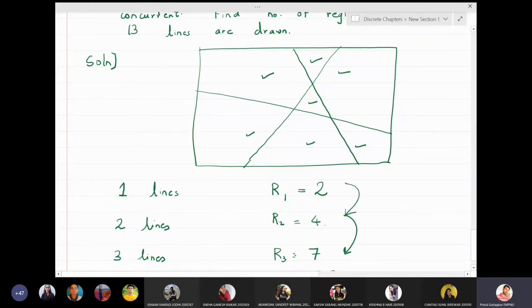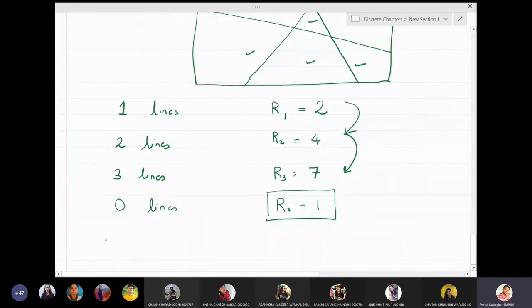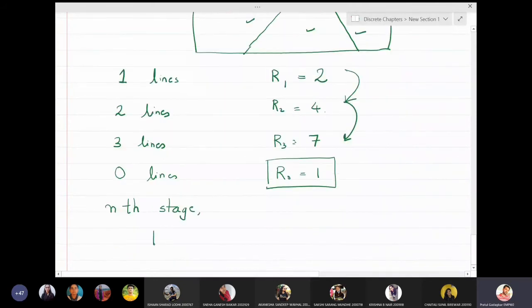Now we observe a relation between these numbers. At the nth stage, the number of regions will be the number of regions at the n minus 1 stage plus something. Look here, 4 is obtained by adding 2, and then 7 has been obtained by adding 3.